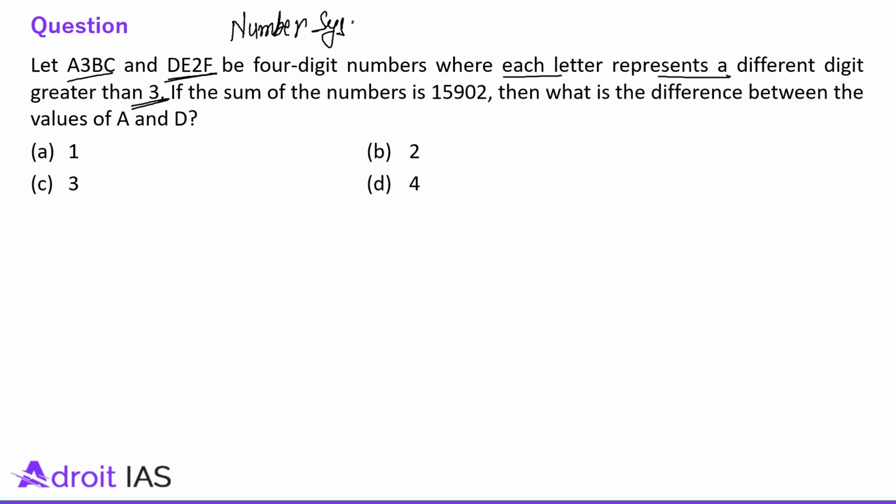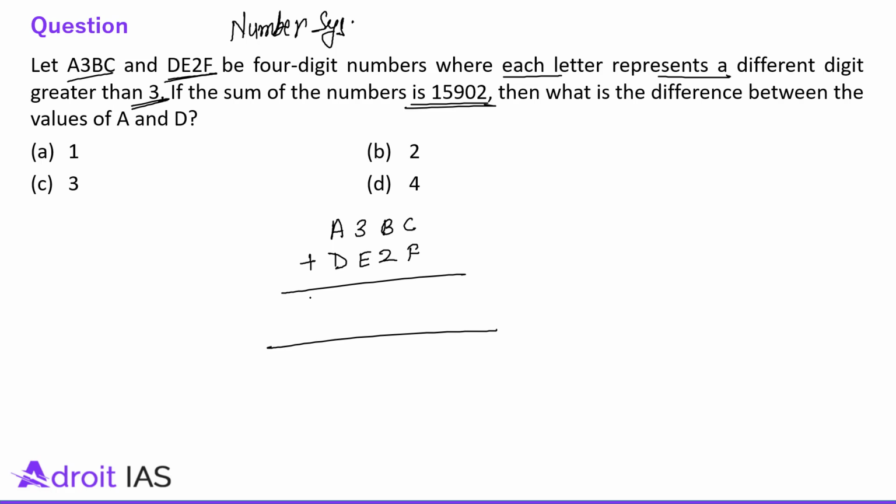If the sum of the numbers is 15902, then what is the difference between the values of A and D? This is the question.